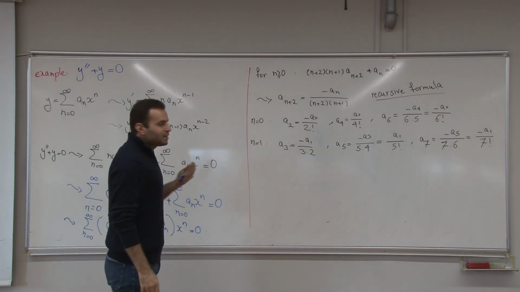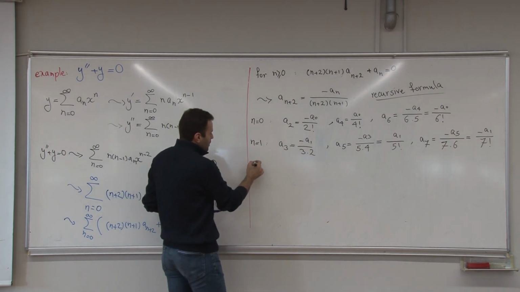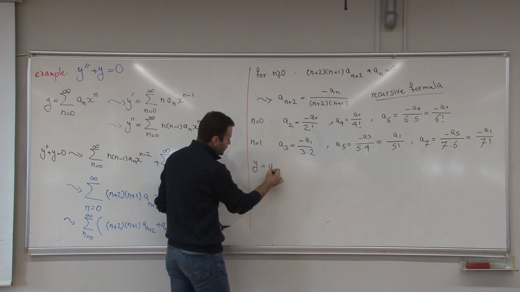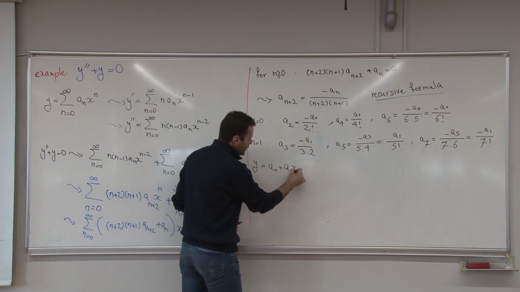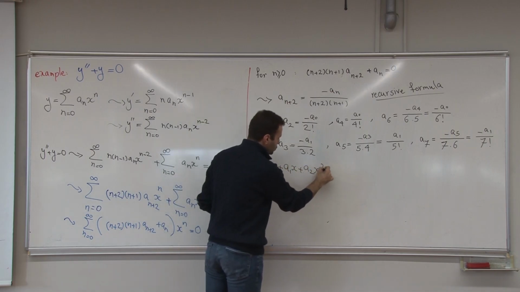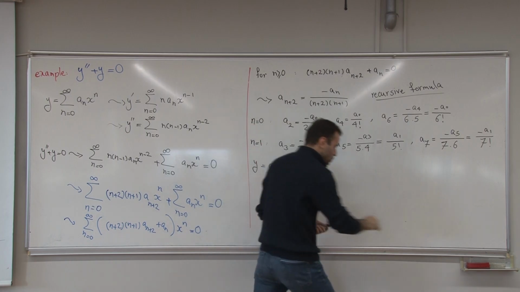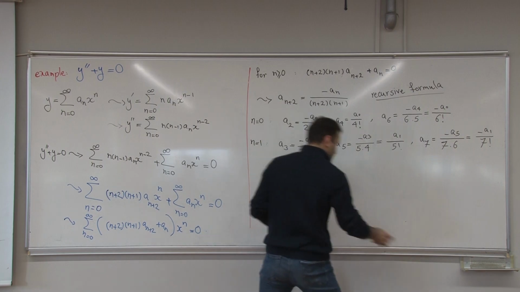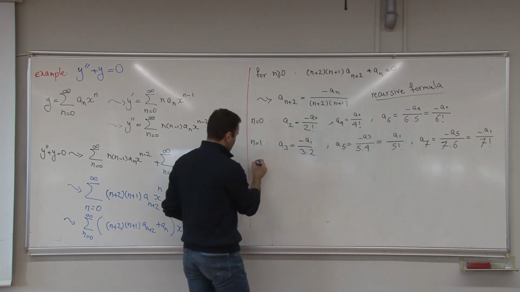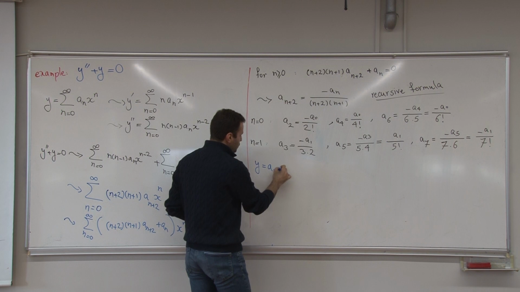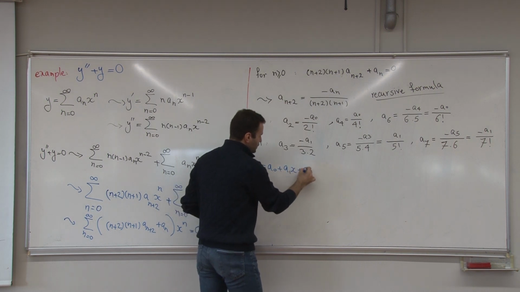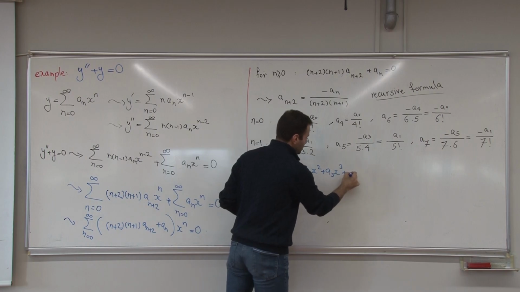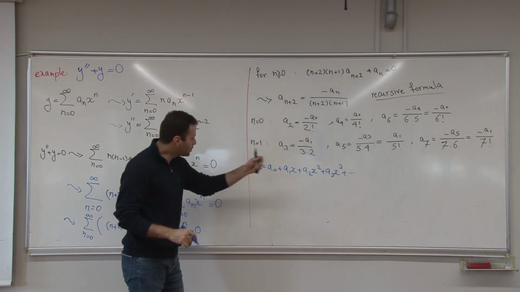So, what I need to do, my general solution, my y, was what? a0 plus a1x plus a2x^2 plus, let me write this in blue. Change of color would be good. I'm having this a0 plus a1x plus a2x^2 plus a3x^3 plus the rest, right? Let's replace them.